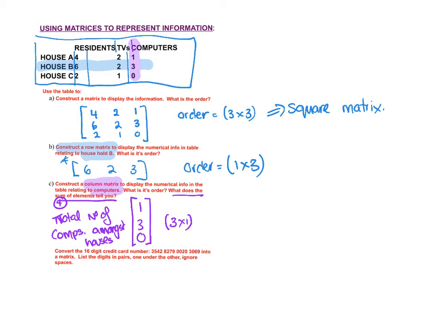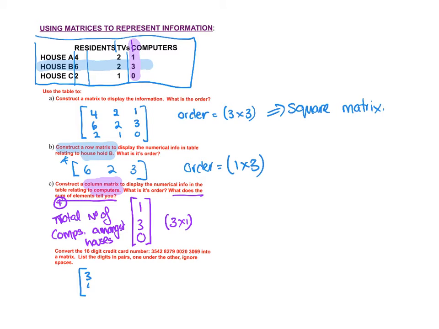Now, the last question says convert this digit credit card number into a matrix. List the digits in pairs, one under the other, and ignore the spaces. They're showing you this because matrices are used a lot in computing, and a credit card does read like this in the machine and in all the programming. So we want to display this number. They said the numbers in lists of pairs underneath each other.